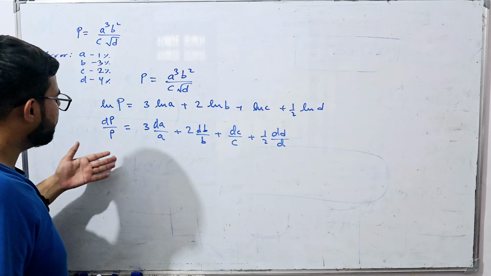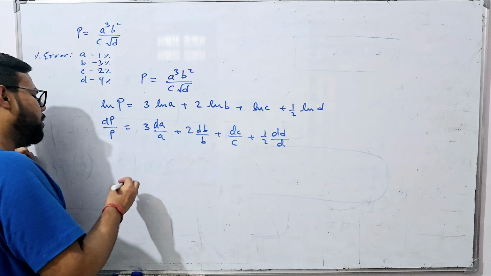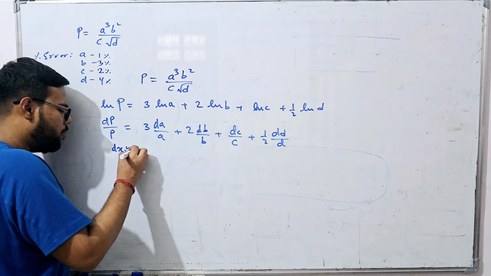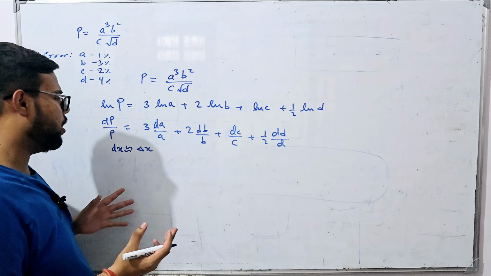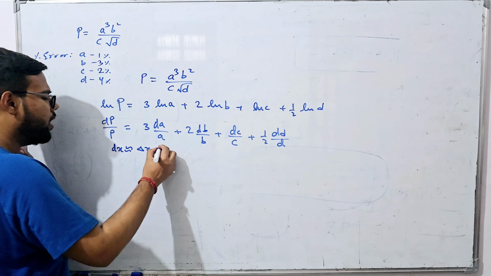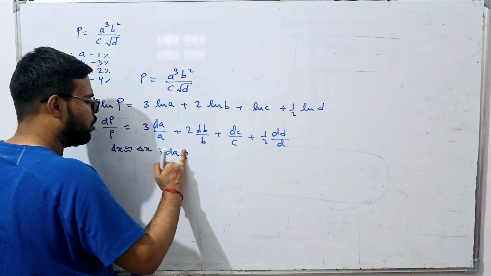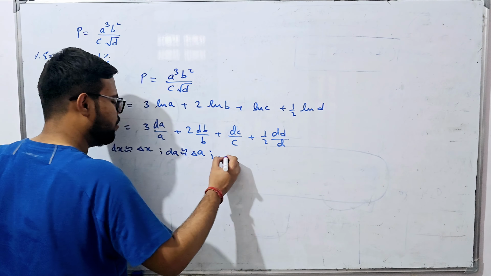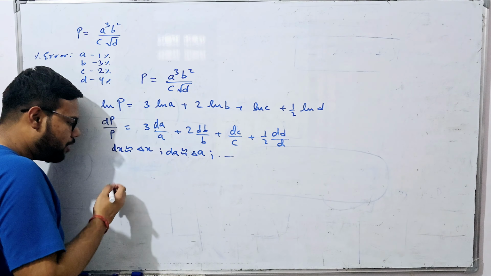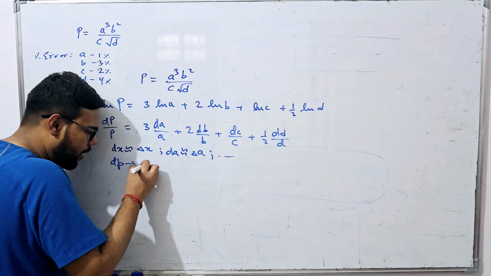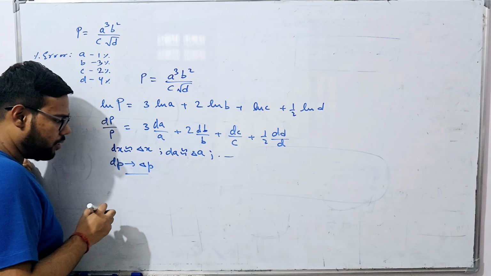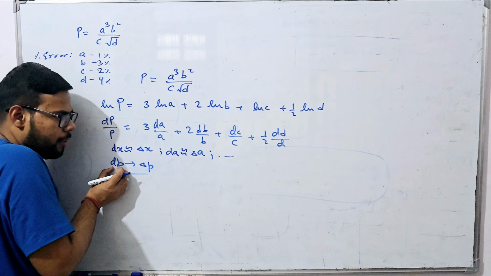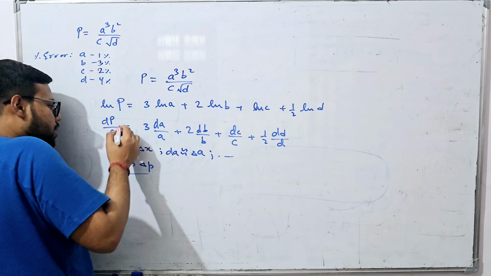Okay. Now in general cases, what we do is that we assume that dx is approximately equal to delta x for very small error, right? So we can basically say that dA is approximately equal to delta A, and similarly for the other cases. But this should also imply that dP should also become delta P, right? This is the exact error and this is the approximate error, right? Okay, so let's not consider this term for now.